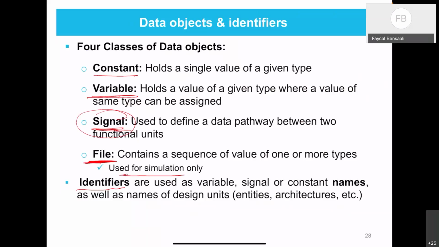File is used for simulation only. You don't use it to describe your circuit, but you can use it when you want to simulate your circuit. As I told you, we will have a topic about simulation. To simulate, you need to add another code, which is called a test bench, and in this test bench you can use files. For example, if I want to simulate an AND gate, I can have 0 0, 0 1, 1 0, 1 1, and put those in a text file.